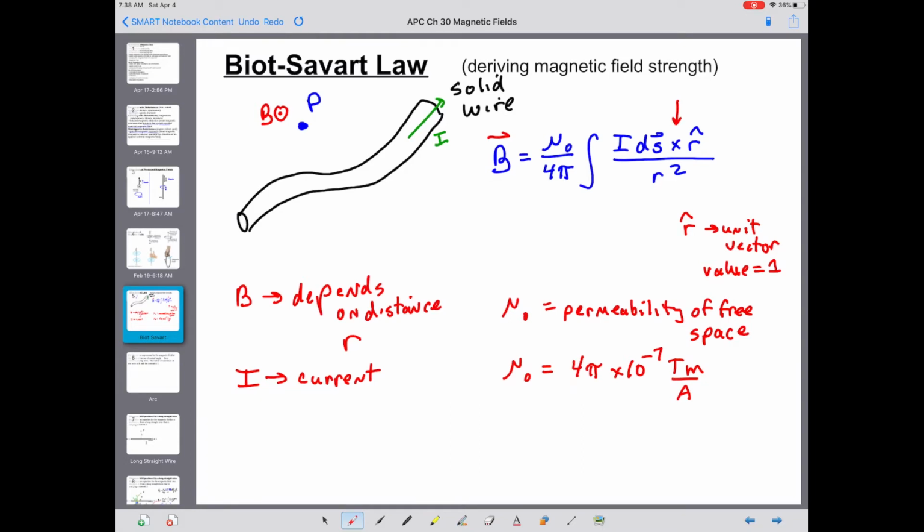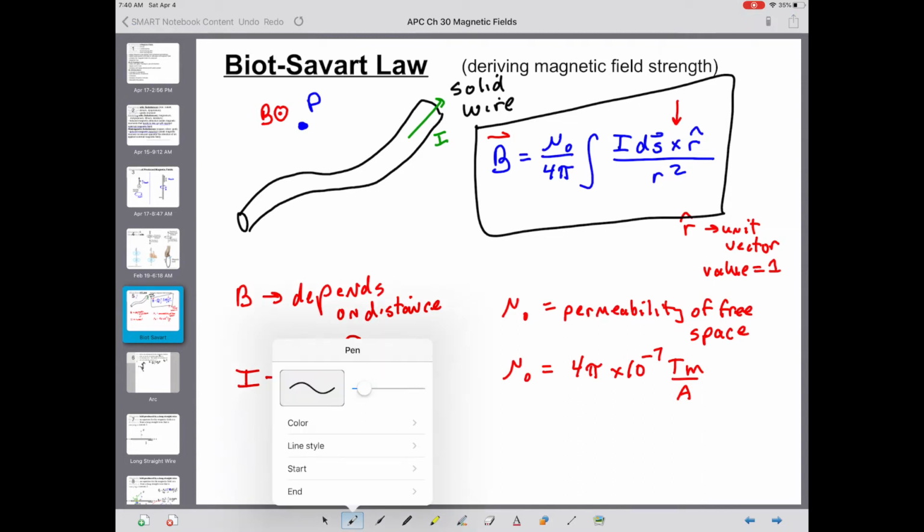divided by amps. So your Biot-Savart law equation, B is equal to mu naught over 4 pi, integral of I ds cross R unit vector over R squared. Now let's specify these variables here. ds is a chunk of s, which would be a chunk of the length.